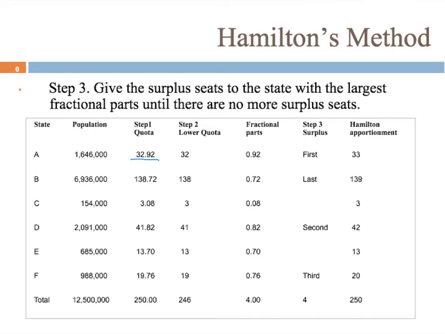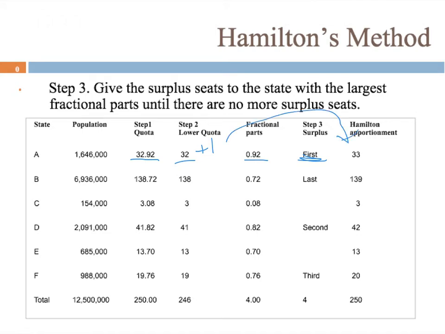Now, the fractional part of that is the 0.92, and that's our highest fractional part in the whole list. So that's why it says first right here. So that's the first seat given out. So instead of 32, we're going to add 1, and that's where the whole 33 comes from.